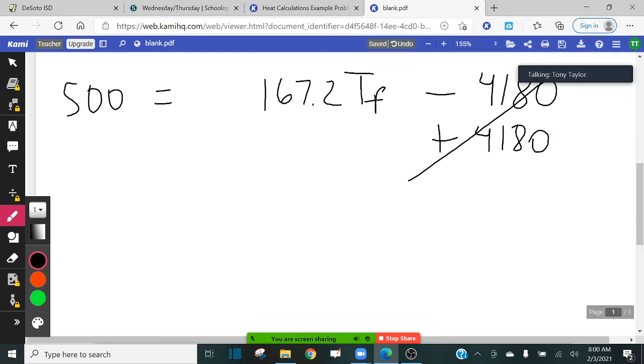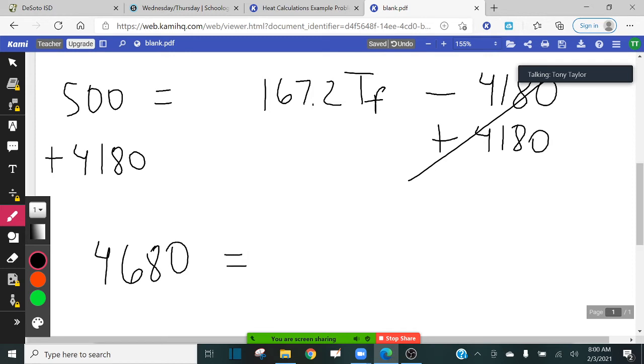Whatever to the one side, I have to do to the other. So 500 plus 4,180, that's 4,680, is equal to 167.2 times the final temperature.